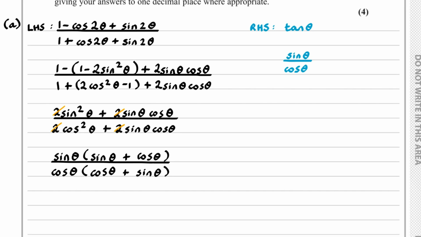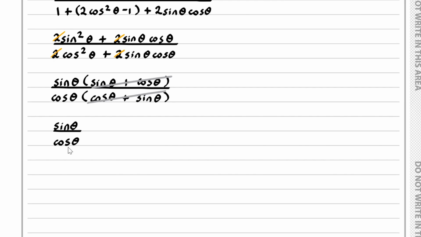Now due to commutativity, this and this cancel out, leaving us with sine theta over cos theta, which is tan theta. And that's exactly what we wanted to show.